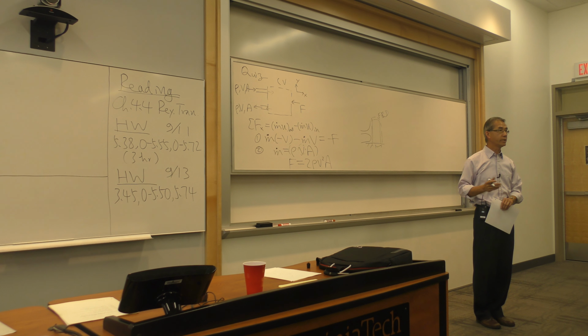Rho VA is rho VA. No sign, no direction. The only caveat is velocity has to be perpendicular to the area. Right? Remember that? Are you with me? That's it. Whether it's coming in or out, I don't see it and I don't care. No sign, period. End of discussion. All this detail will kill you if you are not clear now.